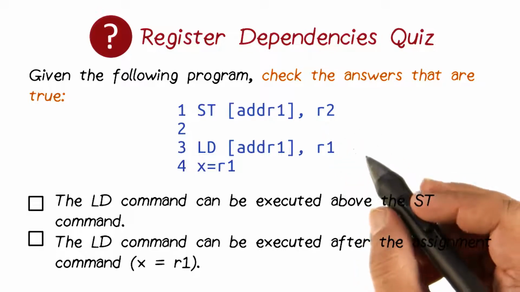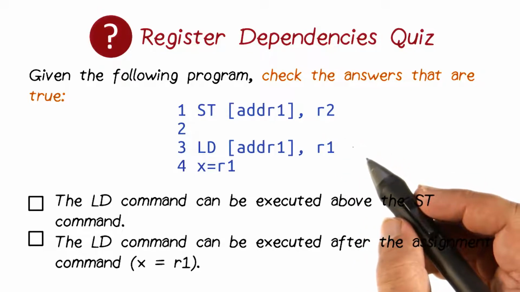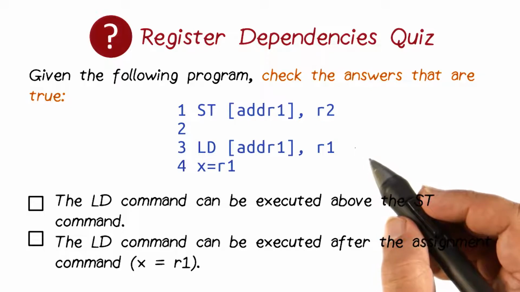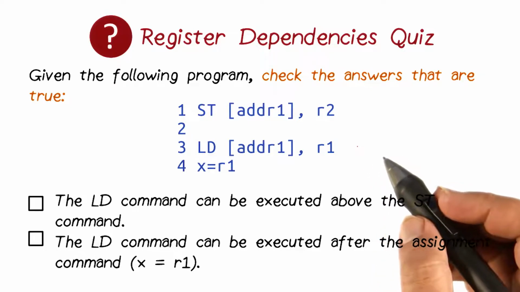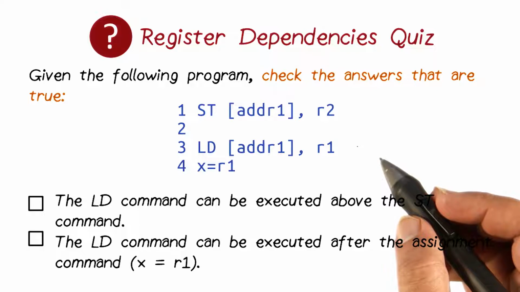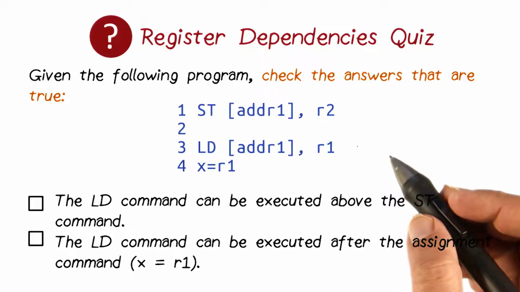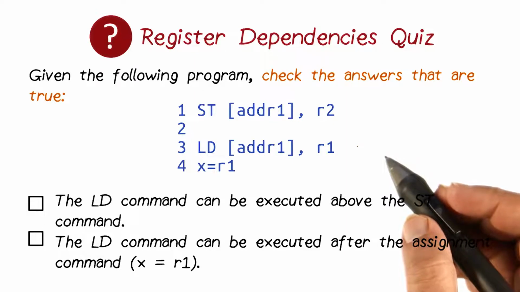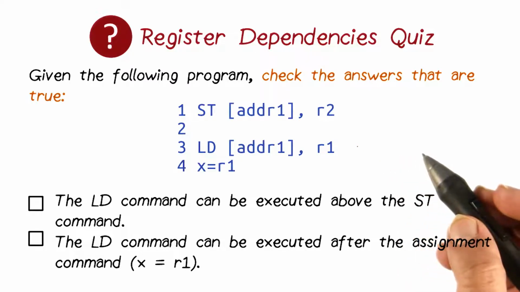So what we want to know is if these following statements are true with regard to this program or not. The first one asks you, is the load possible to be moved above the store command? In other words, can we move the load up and execute it before the store? The second statement is, the load can be executed after the assignment command of X is equal to R1.